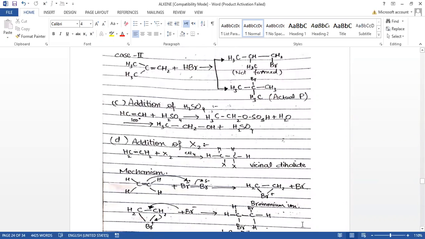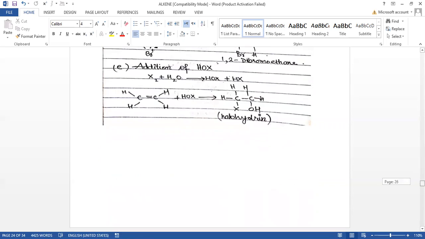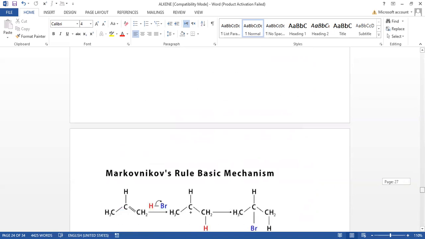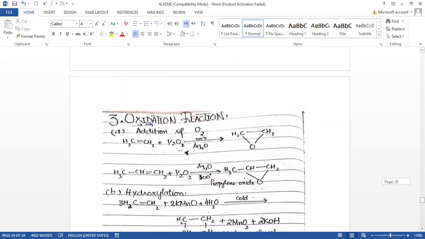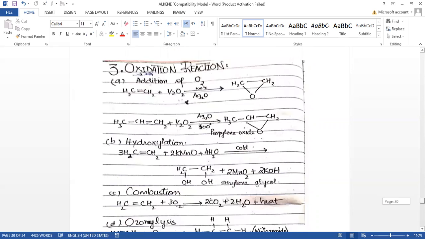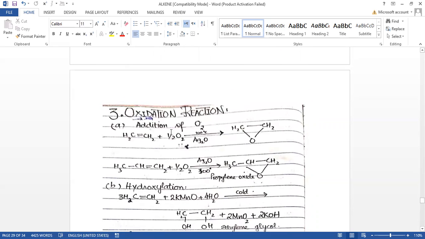In addition reactions, we can add sulfuric acid, we can also add halogens, and we can do it through the Markovnikov rule, and these are the desired products. When alkenes react with the following, these are halohydrin formation, the Markovnikov rule that we have discussed earlier, and oxidation. In the oxidation reaction, oxygen reacts with the alkene and we get two products, carbon dioxide and water.